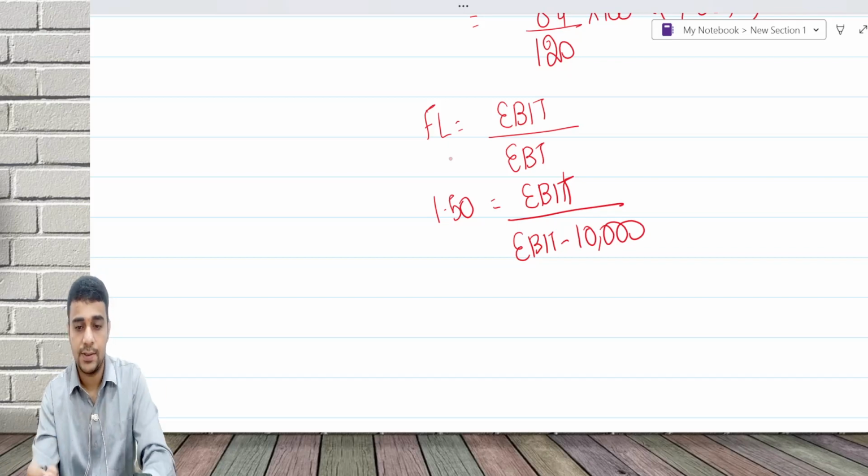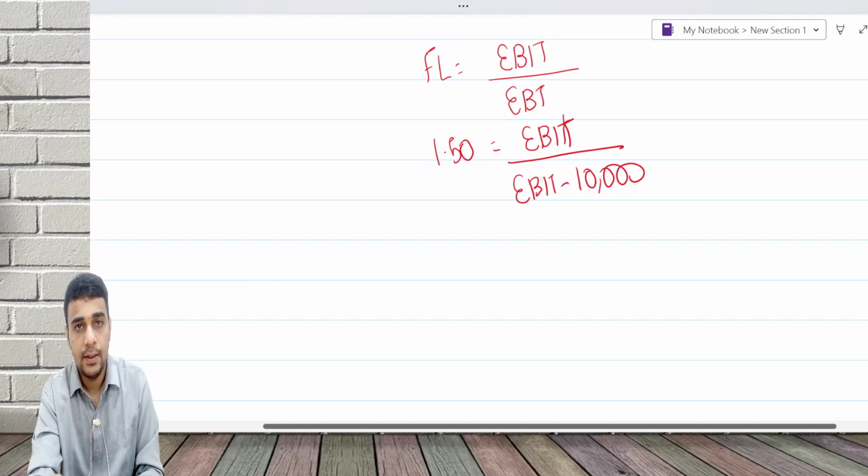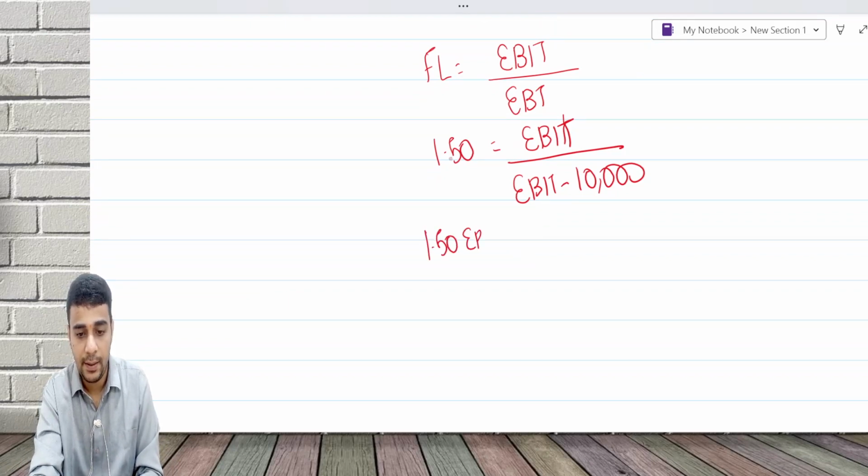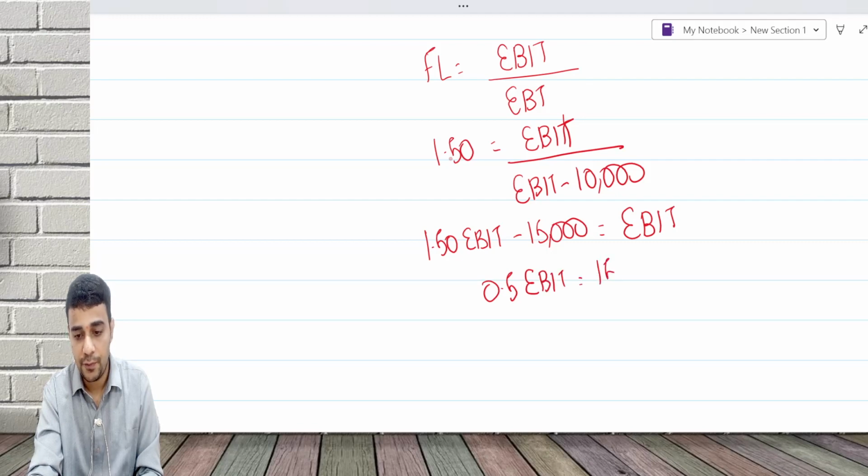This goes to the other side. You keep writing along with me. 1.50 EBIT minus 15,000 is equal to EBIT. This goes to the other side. 0.5 EBIT is equal to 15,000.